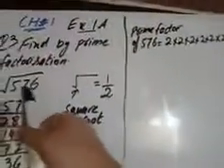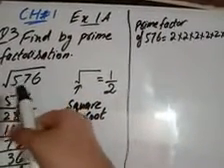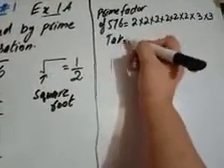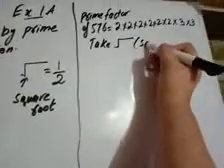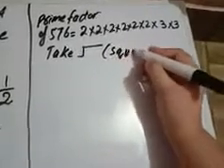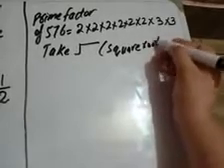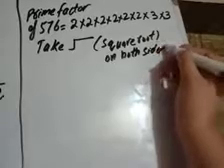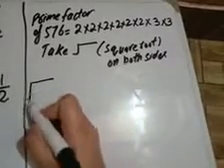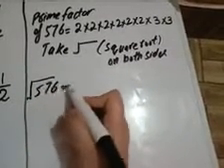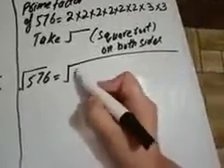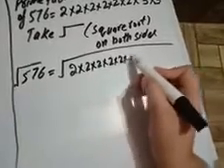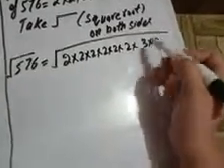As in the question the square root of 576 is to be found, take a square root on both sides. Square root of 576 is equal to the square root of 2 with the 6 times and the 3 with the 2 times.